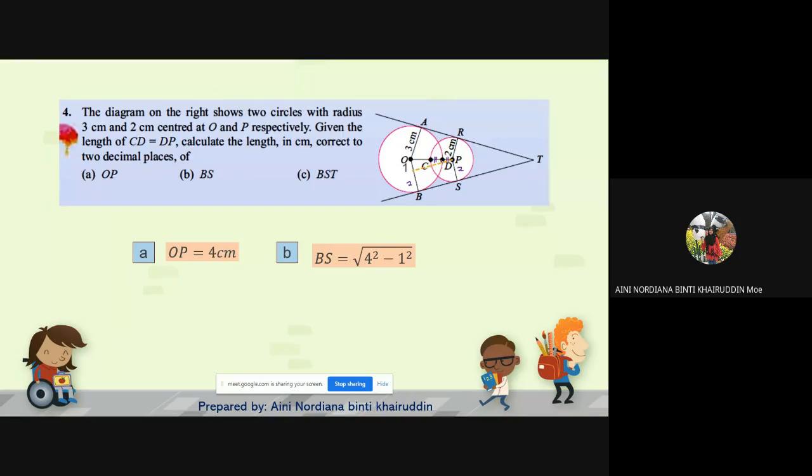BS equals the square root of 4 squared minus 1 squared. The hypotenuse is 4. This is the hypotenuse. This is the other side. So hypotenuse squared minus the other side squared, you will get BS. The shaded line is the same length as BS. So BS equals 3.87.